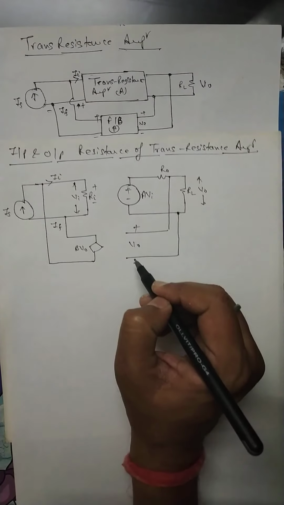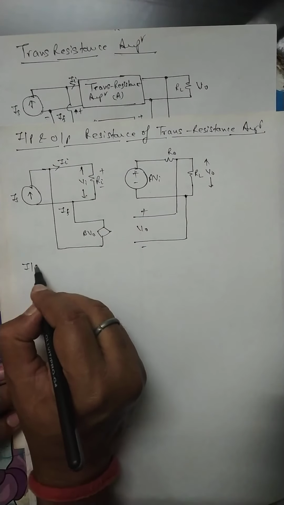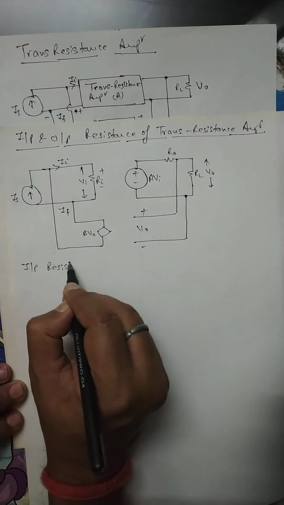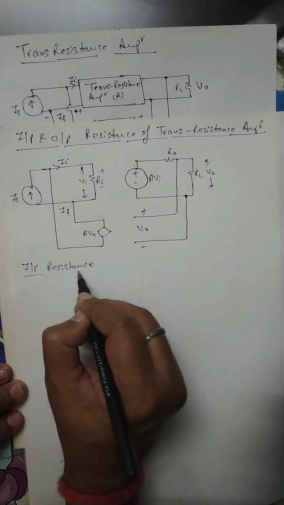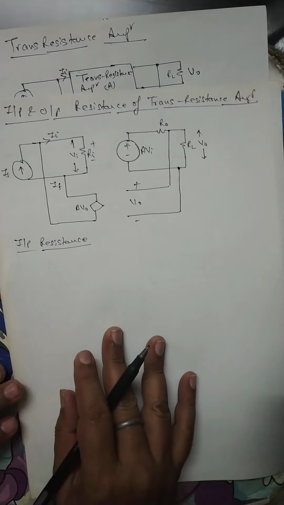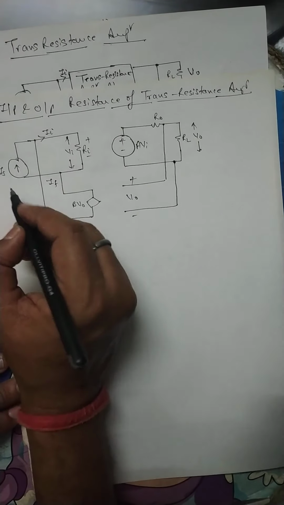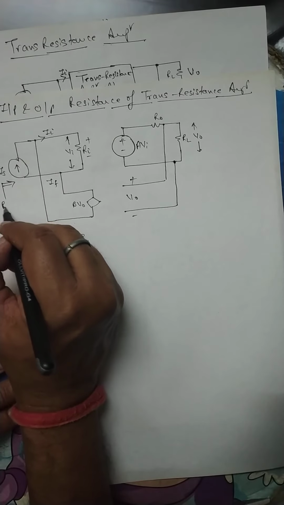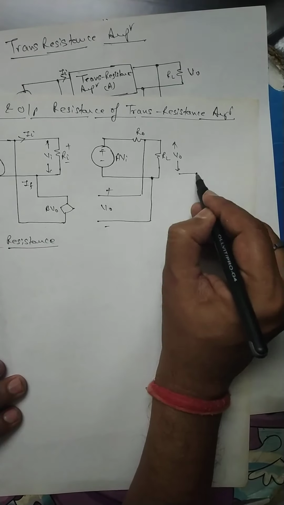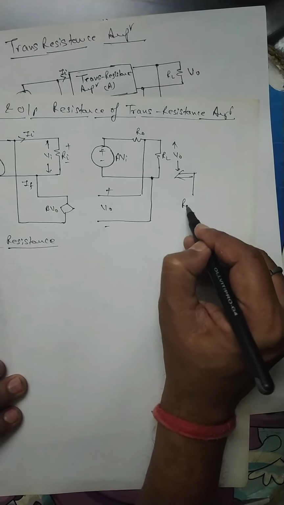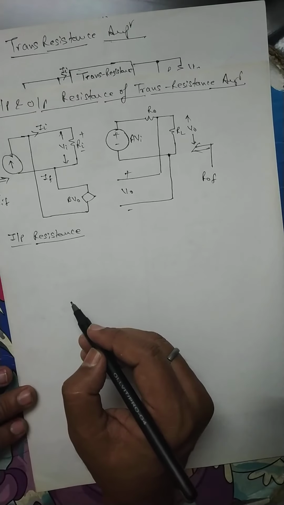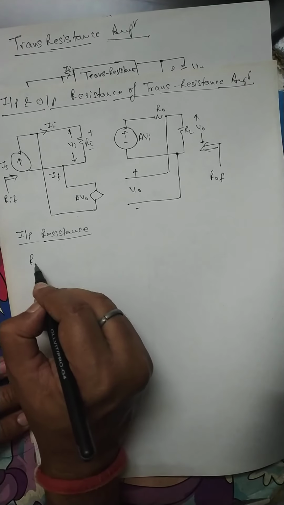So just see for input resistance. We have to calculate the input resistance, then the load resistance will be 0, and here is the input resistance with feedback, and here it is the output resistance with feedback. So what is the input resistance with feedback?